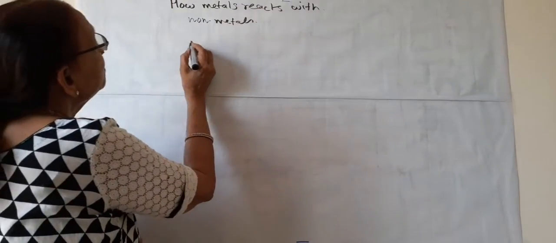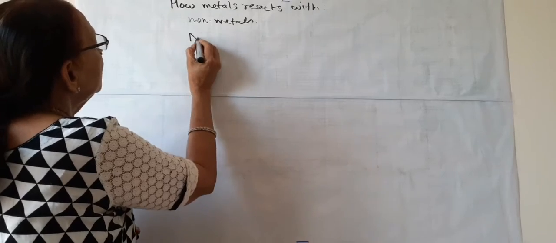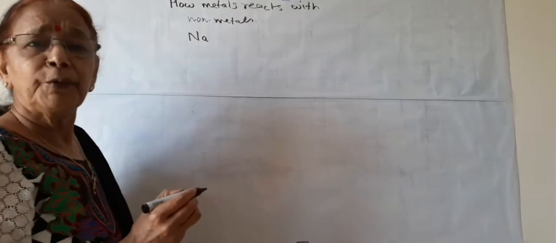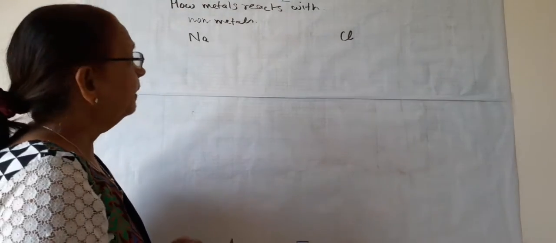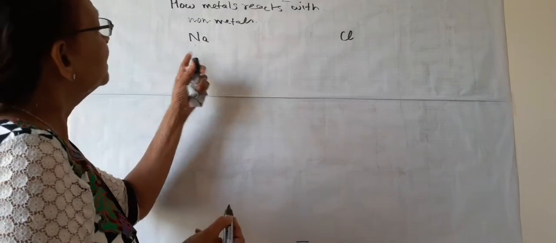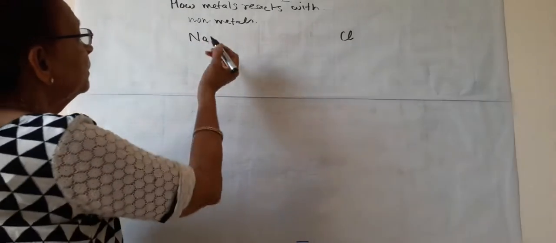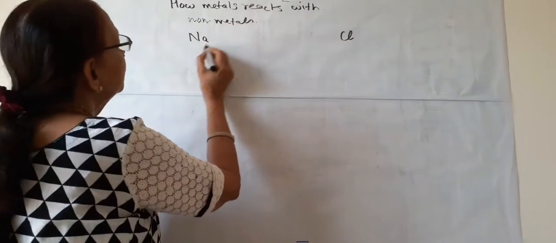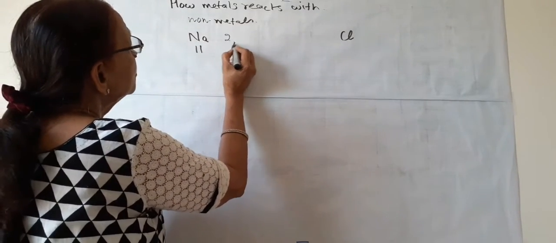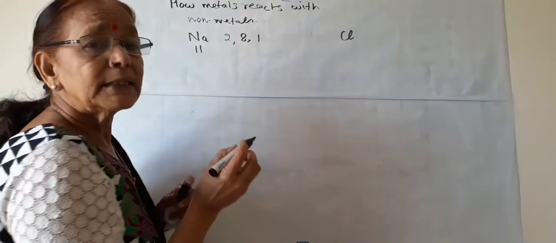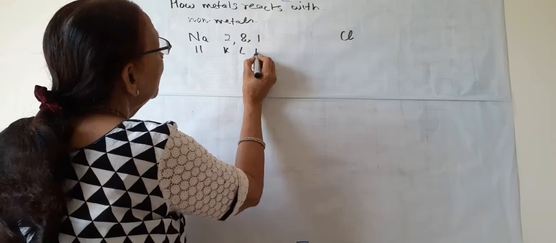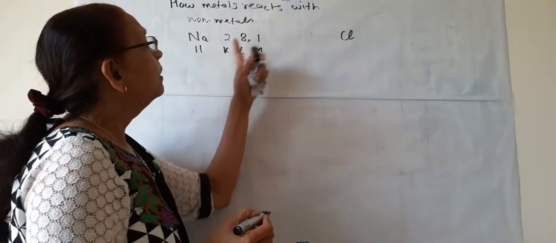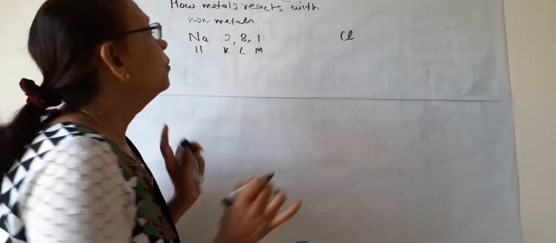So first I am taking one metal. Suppose I am taking sodium. All of you know sodium is a metal, and I am taking one non-metal, chlorine. Chlorine is a non-metal. First of all, we will see the electronic configuration of sodium. The atomic number is 11, so 2, 8, 1 is the electronic configuration in K, L, M. These are the shells where these electrons are moving.